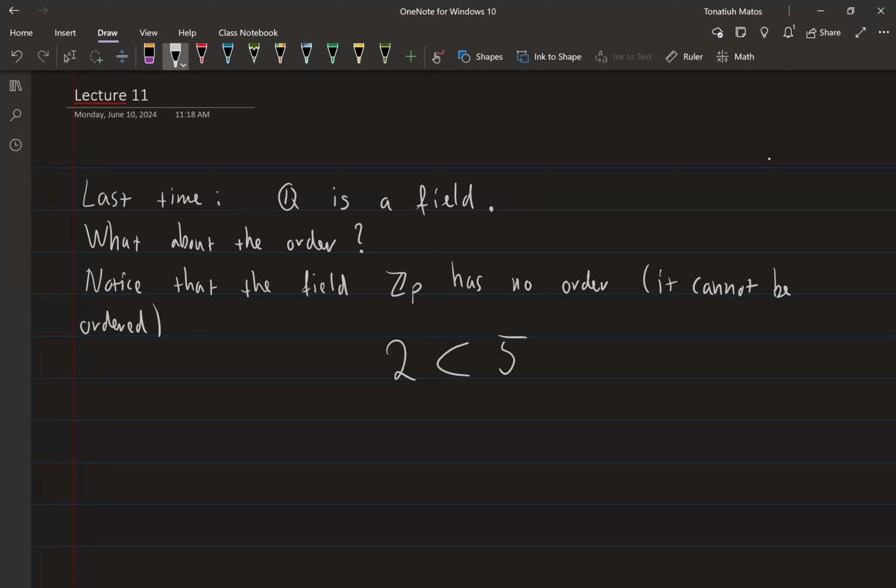Then you can just add the number 1 on both sides, which should preserve the inequality if this were to be an order compatible with the algebra. So you keep adding 1 on both sides, but eventually the right side will have to be smaller than the left side, which is a contradiction, right? So the fact that these numbers are on a circle and that they cycle tells you that you cannot really order them. So this is a disadvantage of these fields.